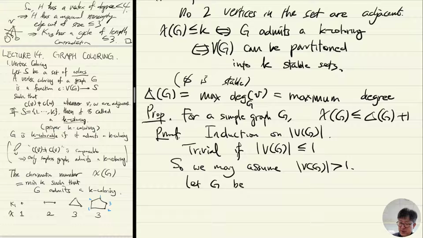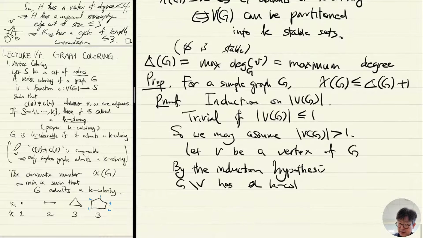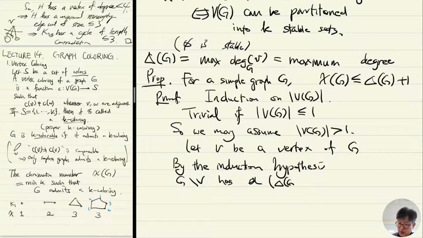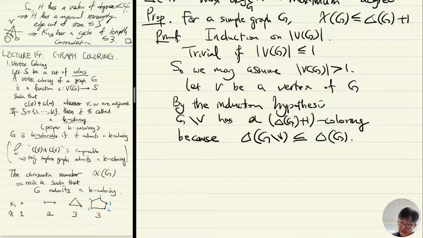Let V be a vertex of G. Then by the induction hypothesis, G minus V has a K coloring, where K is delta of G plus 1, because delta of G minus V is less than or equal to delta of G. Now you have a vertex V with degree at most delta.